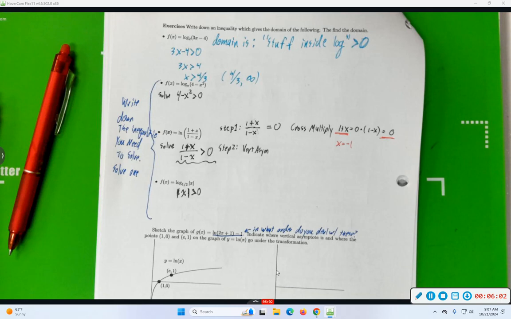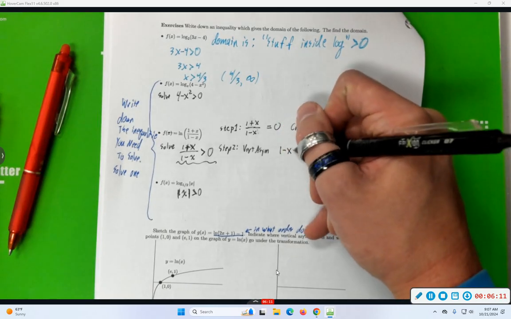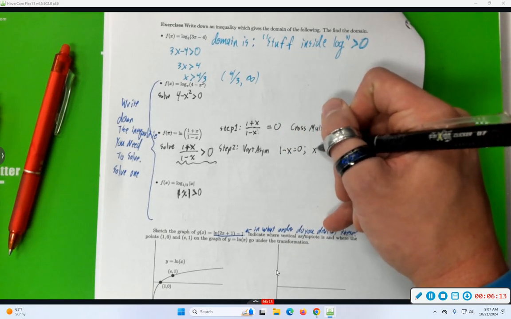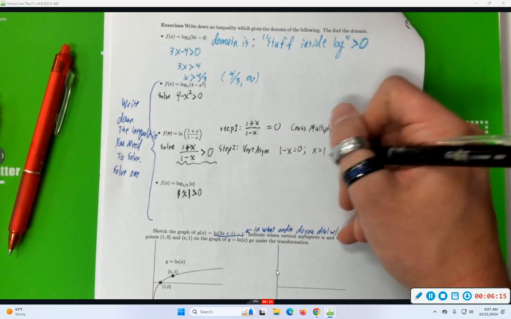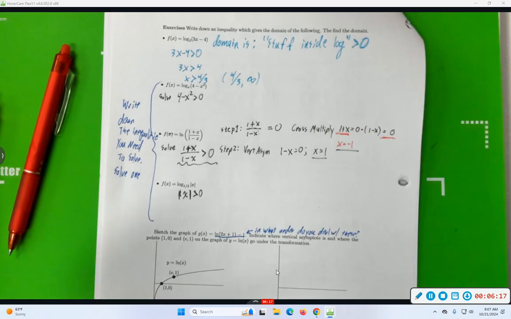Yeah, cool. So 1 minus x equals 0. That corresponds to x equals 1. So x equals 1 and x equals -1 are endpoints.